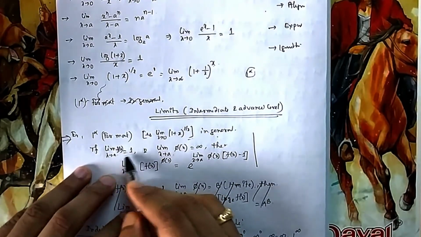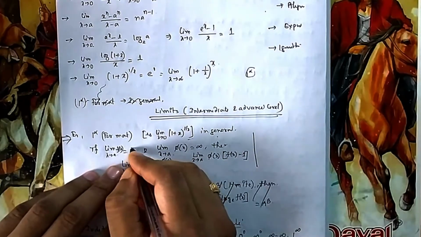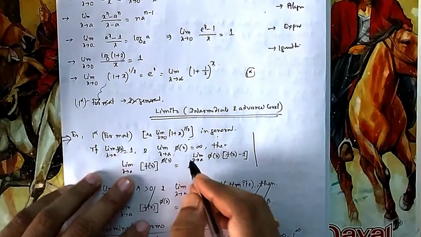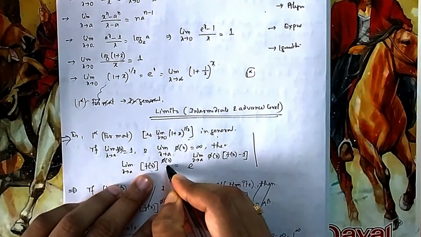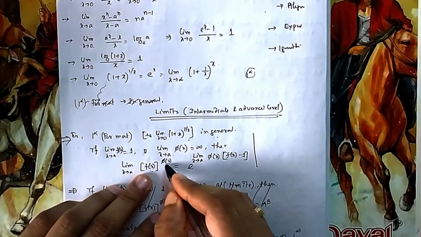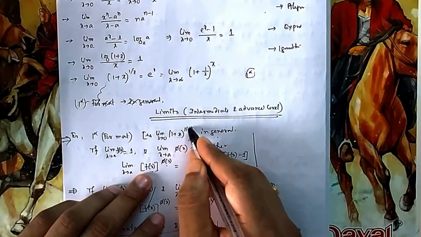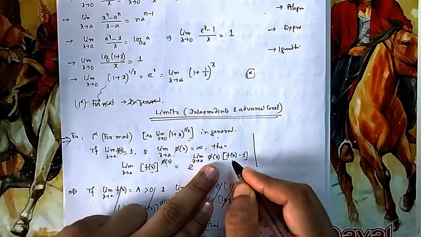Suppose limit x tends to 0 of f(x) to the power g(x), where f(x) is 1 and g(x) is infinity, so it is the 1 to the power infinity format. Here this is f(x), this is your g(x), so the answer is always e to the power limit of power into base minus 1.